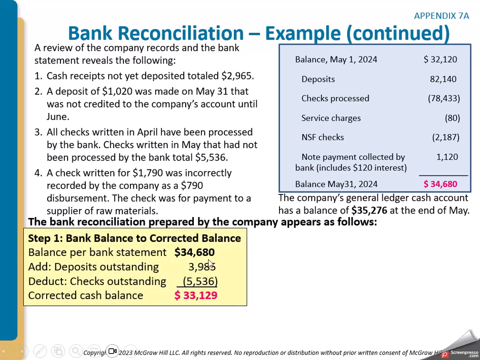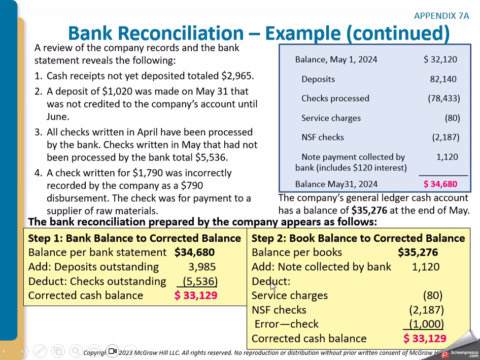So we've got our balance per the bank statement. We add any deposits in transit, the details of which are given to us up above, number 1 and number 2. And then we deduct our checks outstanding, which is number 3. And that is our corrected book balance, not bank account.